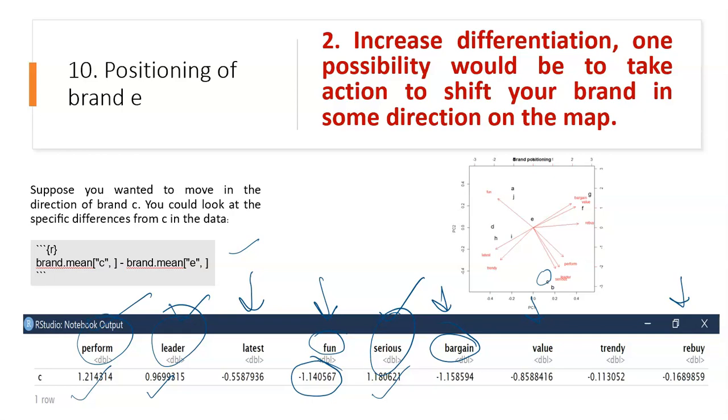So E needs to increase or strengthen messages on performance, leadership, and seriousness. This is what E should do, and should dial down messages on latest, fun, bargain, all the others.